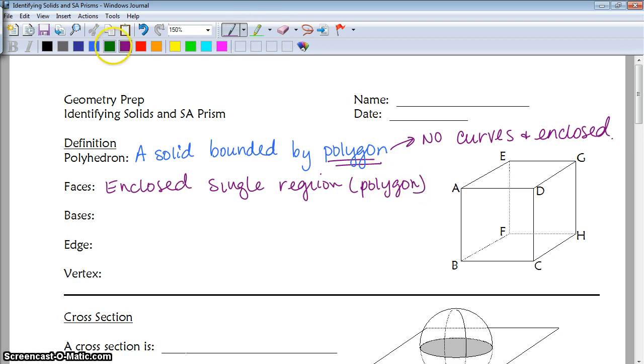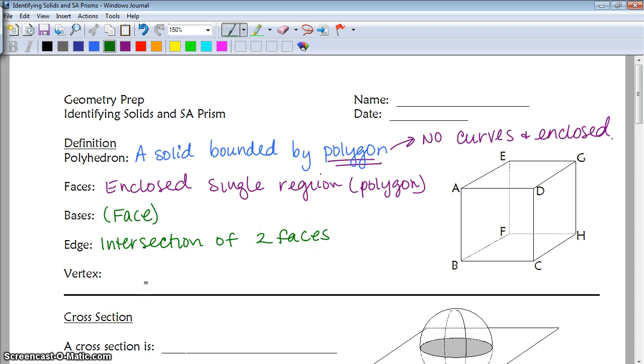Now the bases is going to depend on the type of shape that you're looking at, but it's also just another face. And we'll go more into detail about what bases are. It really depends on the shape. Now an edge is the intersection of two faces.